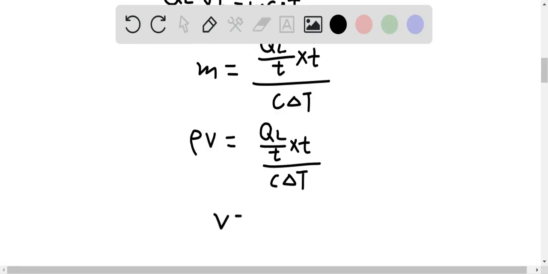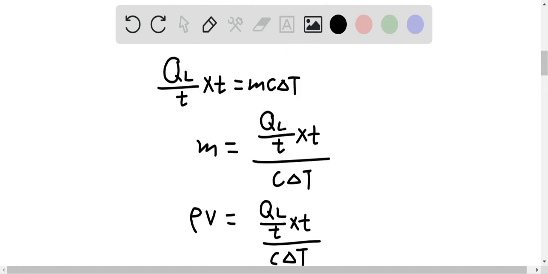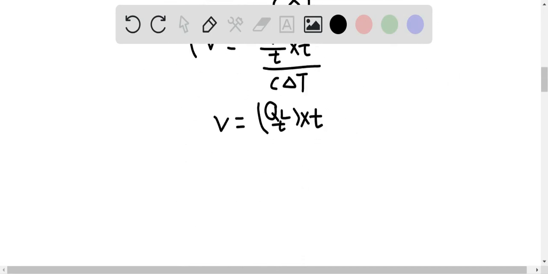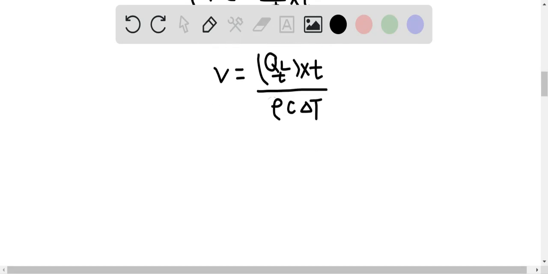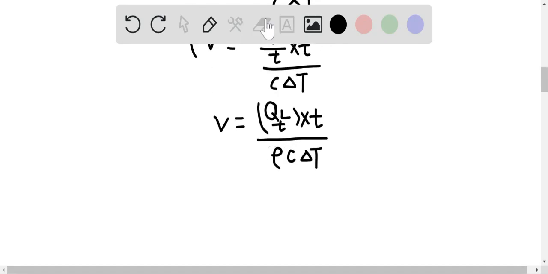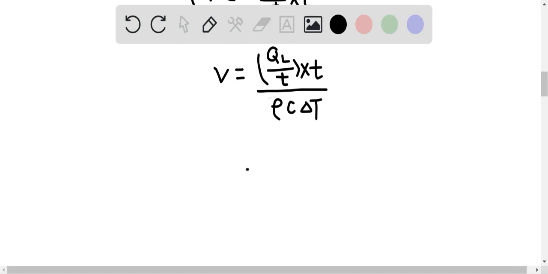We have V is equal to QL over T times T, over rho C delta T. Actually, I forgot to put the denominator on here. Now we can plug in the values.